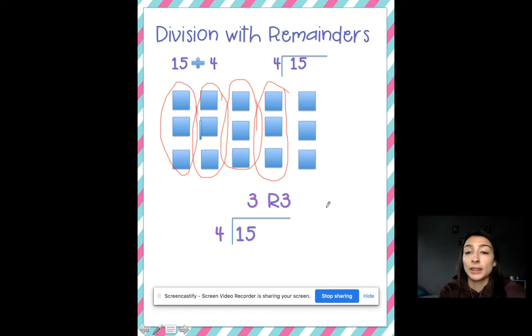All right, you also can think of it as 4 times what number gets us closest to 15. Remember, 4 times any number does not equal 15.